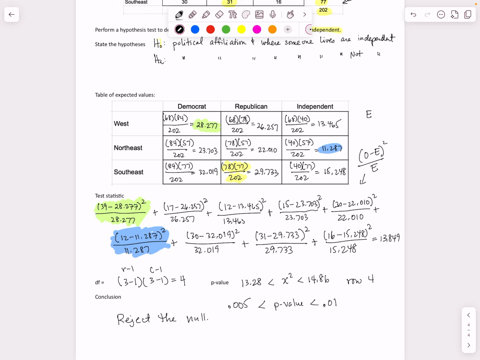And the null hypothesis is that these two variables are independent. So that's telling us we have evidence for the alternative, which is political affiliation and where someone lives are not independent.